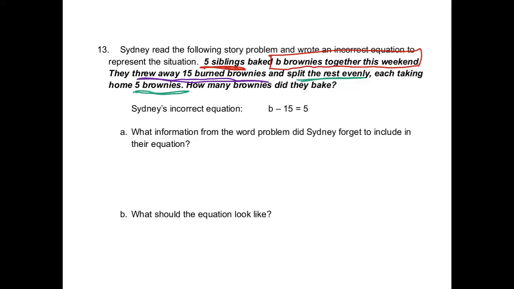Sydney's incorrect equation says that B, the number of brownies they baked this weekend, minus 15 is equal to 5.